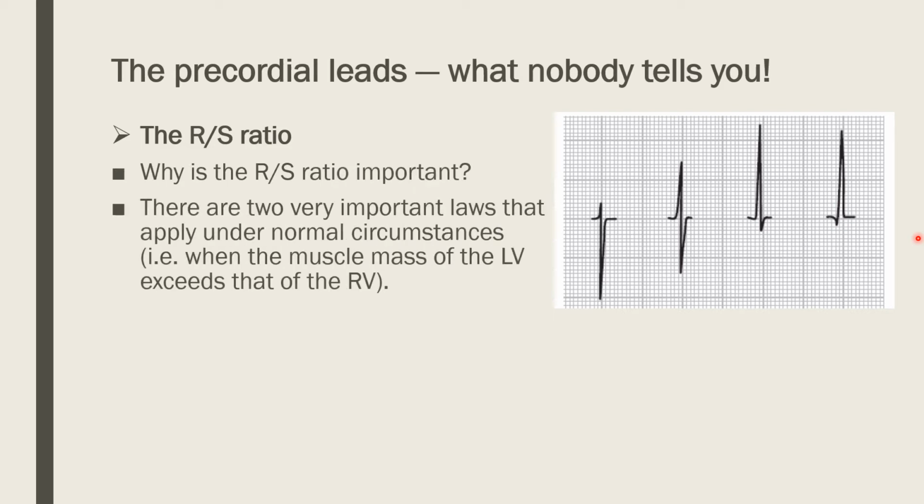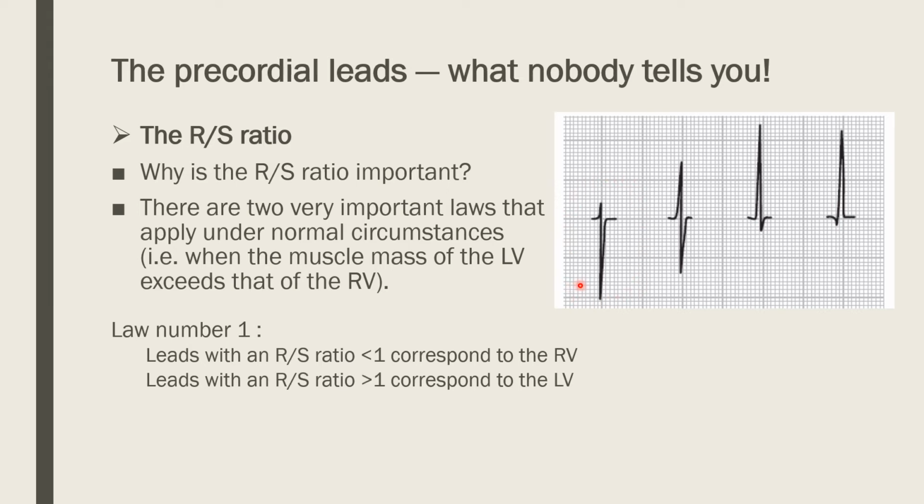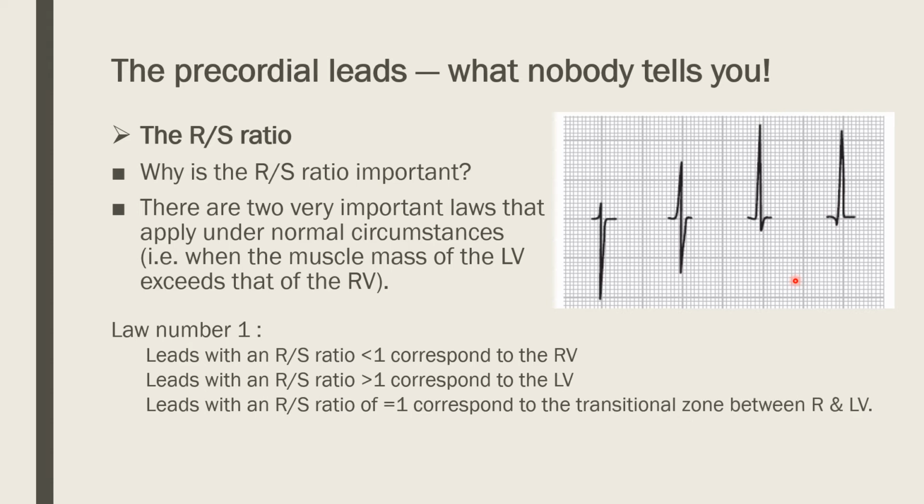There are two very important laws that apply under normal circumstances, which means when the muscle mass of the left ventricle exceeds that of the right ventricle. Law number 1, leads with an RS ratio less than 1 correspond to the right ventricle, while leads with an RS ratio more than 1 correspond to the left ventricle.